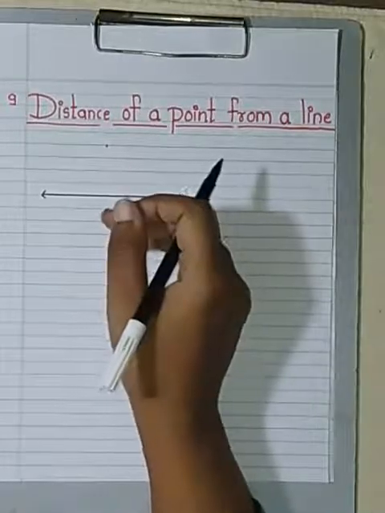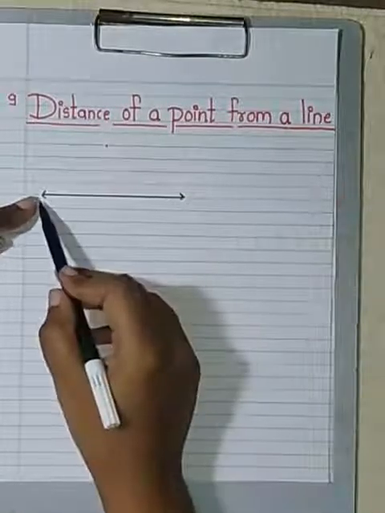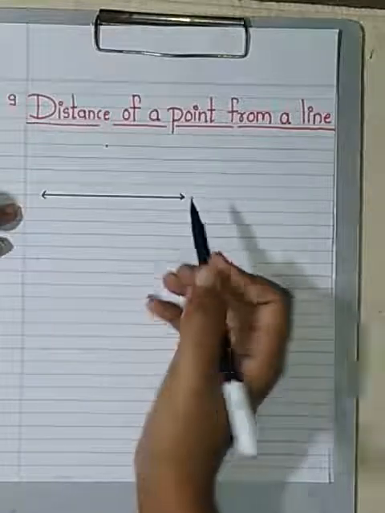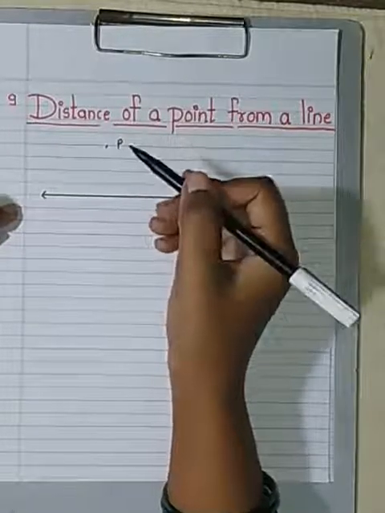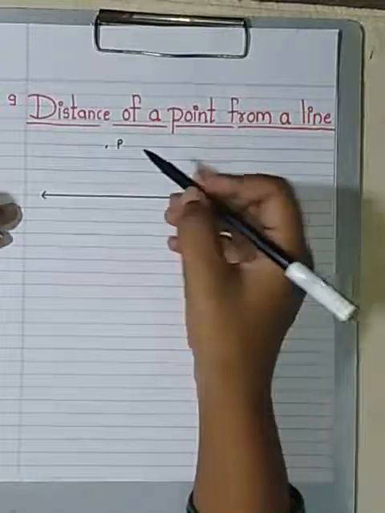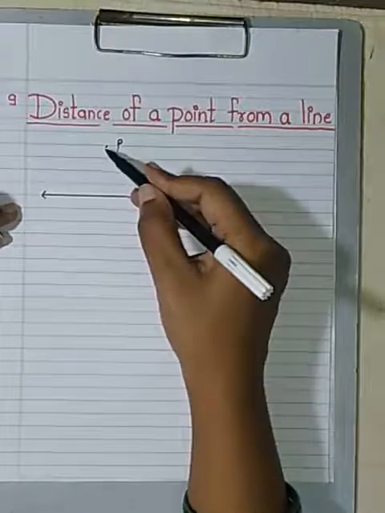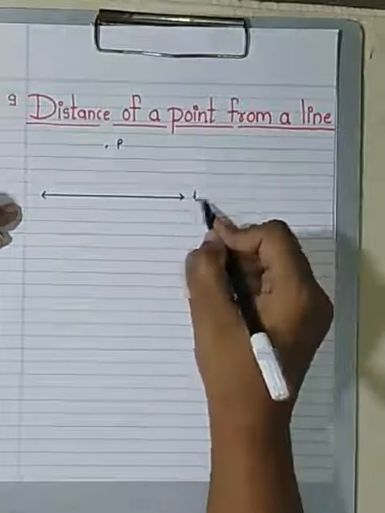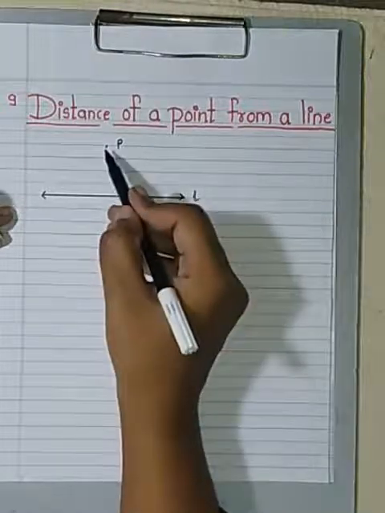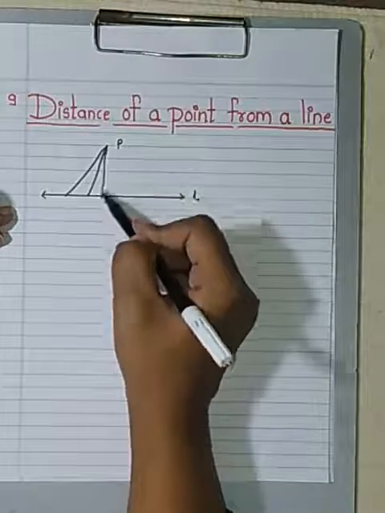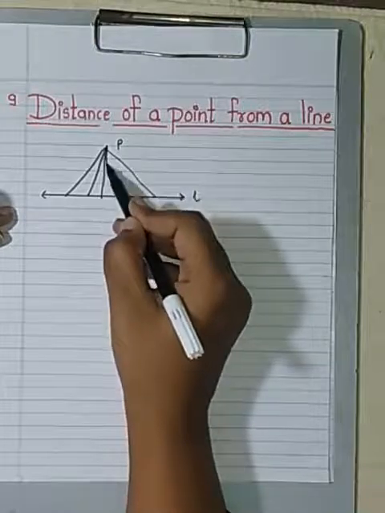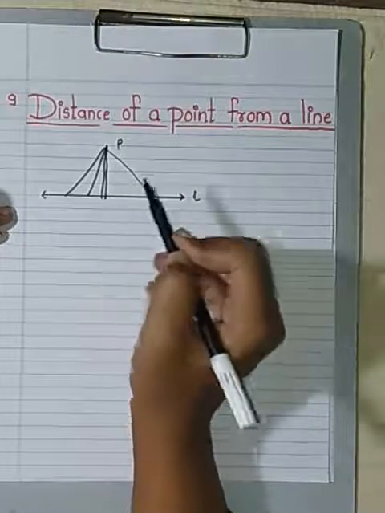You can see here a line, and suppose we name this point as P. So how will you measure the distance of point P from line L? Suppose this is line L. Are you going to measure it in this way, this way, this way, or this way?